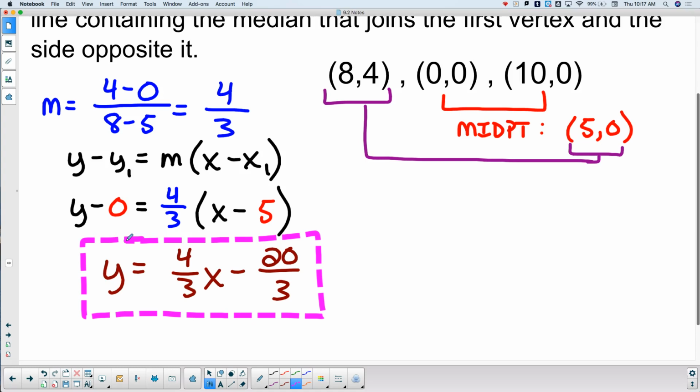We didn't ask for the perpendicular bisector of it. On Monday, I asked you for the perpendicular bisector. This one just asked for the median.